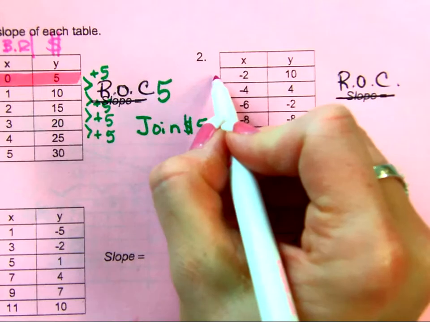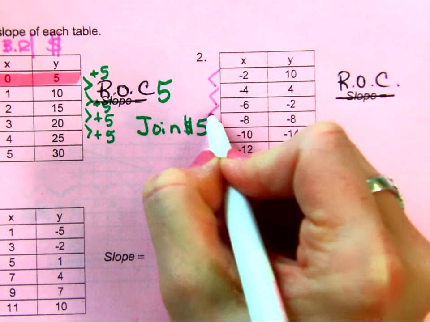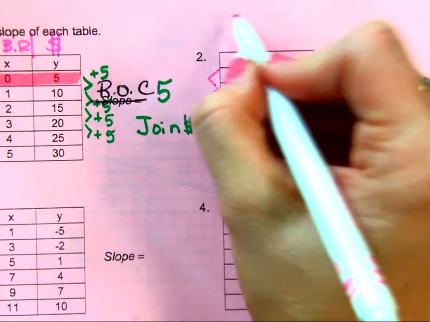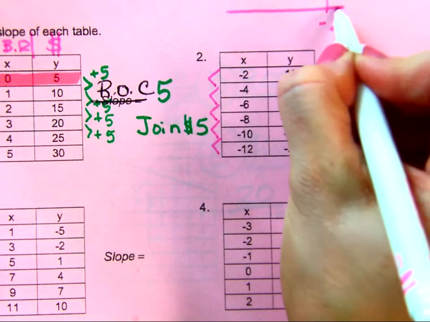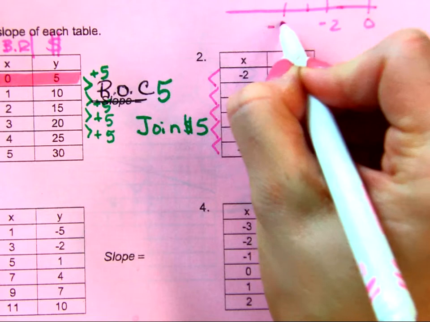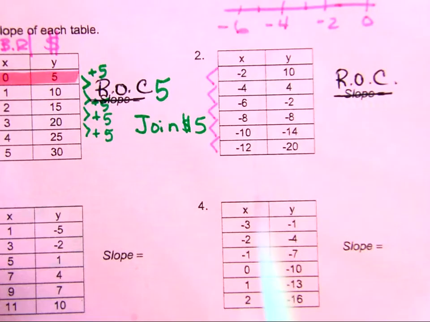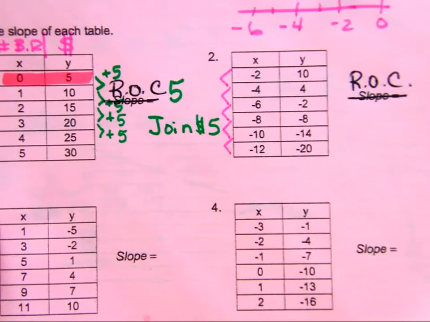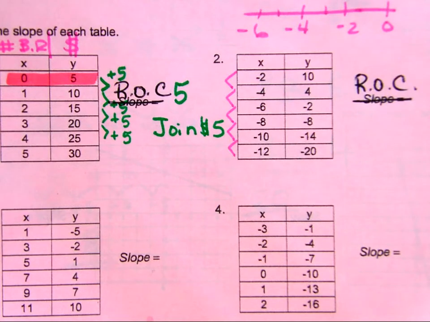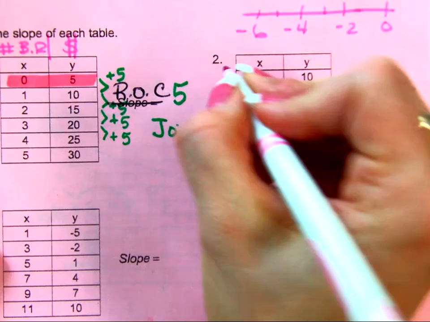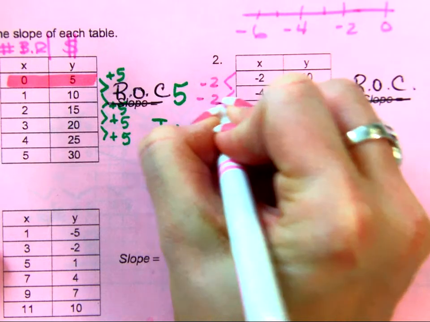What's happening from -2 to -4? Well, here's -2, here's 0, here's -4, here's -6. What's happening? That's going what? Down by what? 2. Down by 2, down by 2.